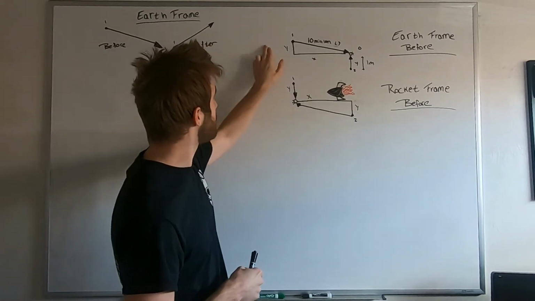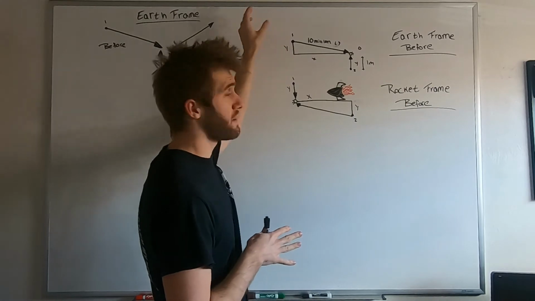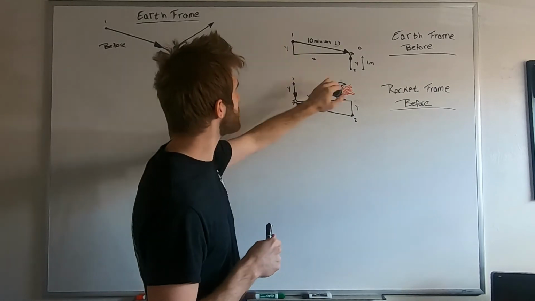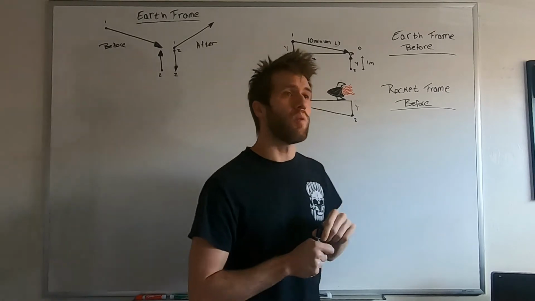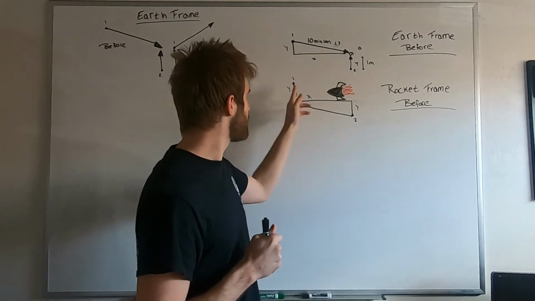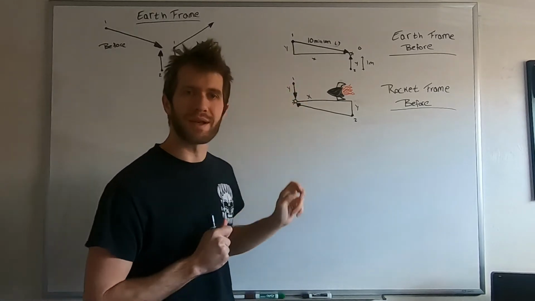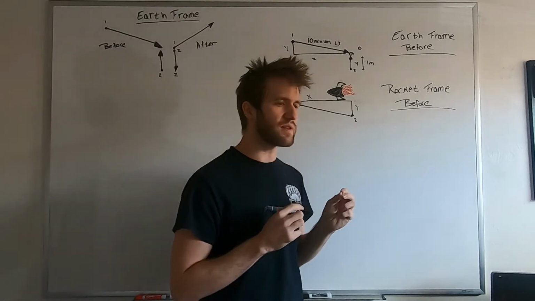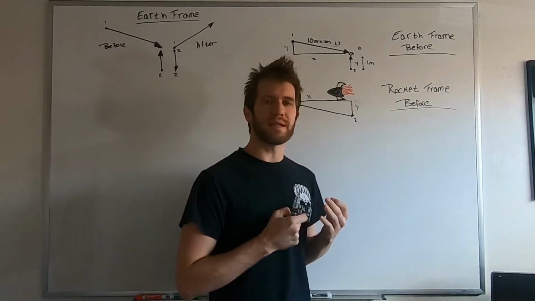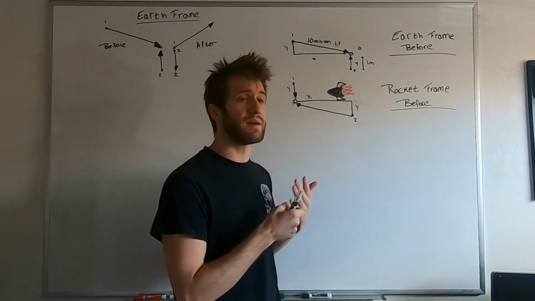So now, instead of the stationary observers seeing that the proton is moving over this long distance at this sort of hypotenuse angle, from the rocket's frame, it now appears such that events 1 and 0 are perpendicular to the collision point.